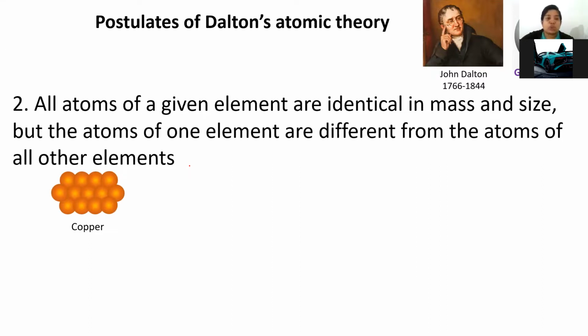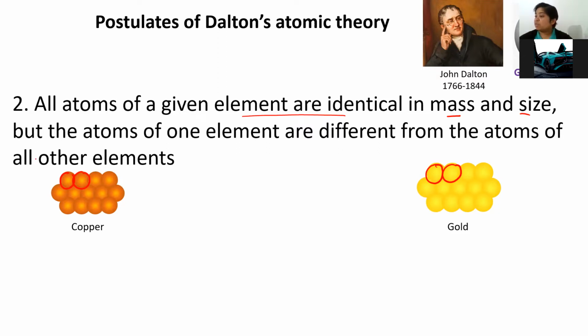If we look at copper metal atoms, the first part says that the atoms of an element are identical. That means this first copper atom is identical to the second copper atom, identical in mass and size. Let's take another element. The first gold atom is identical to the second gold atom in mass and size. That means both gold atoms have the same mass and same size.